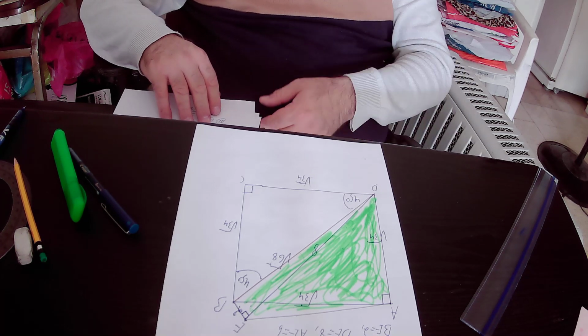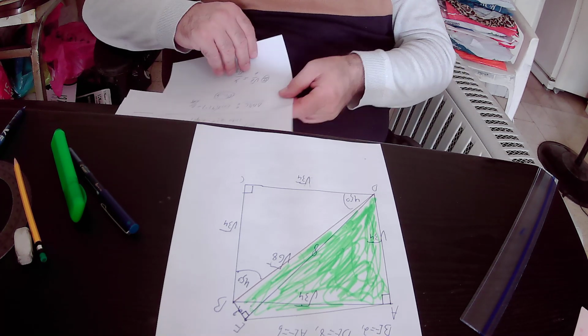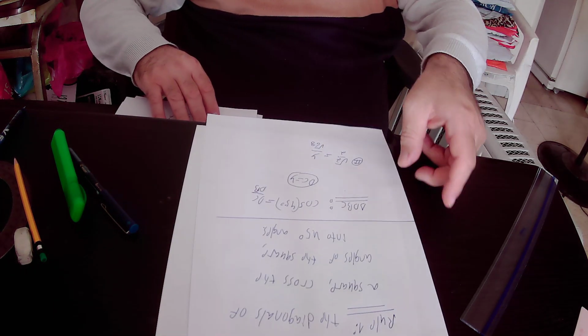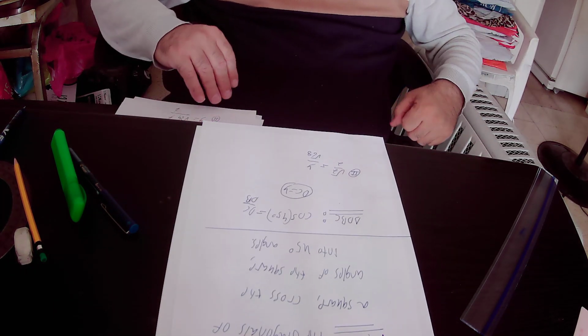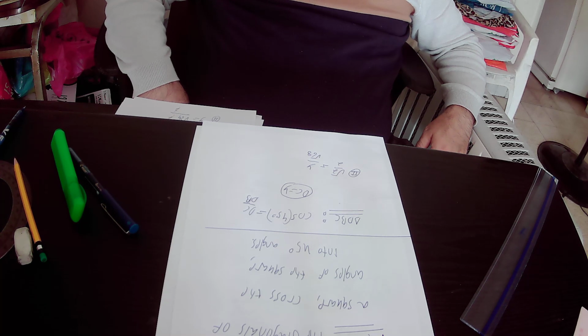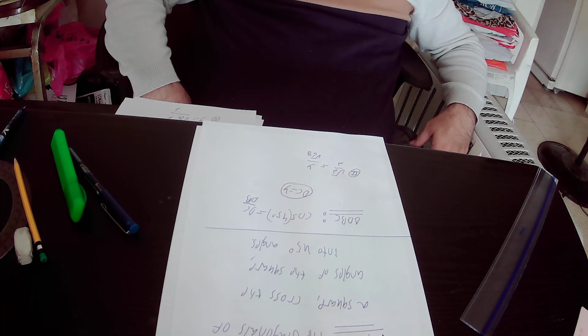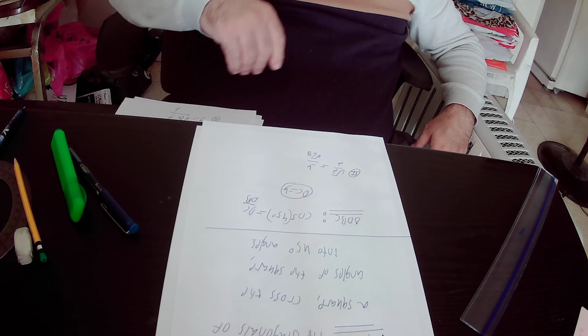Okay, then I present to you rule number 1. According to rule number 1, the diagonals of a square divide the angles of the square into 45 degrees. The meaning of rule number one is that the diagonals of a square divide the angles of the square into two equal parts.